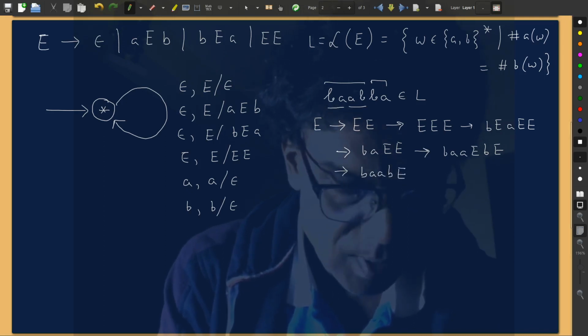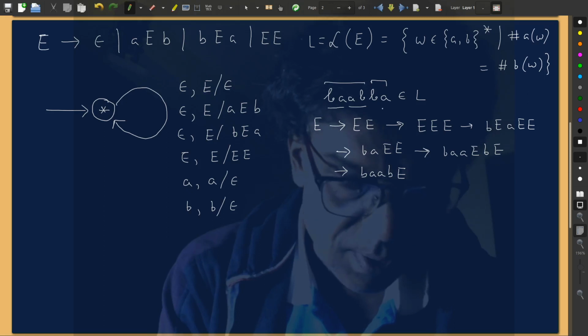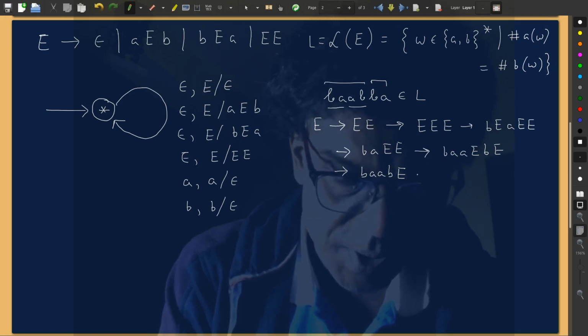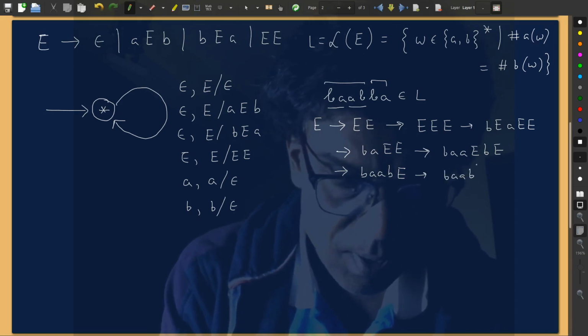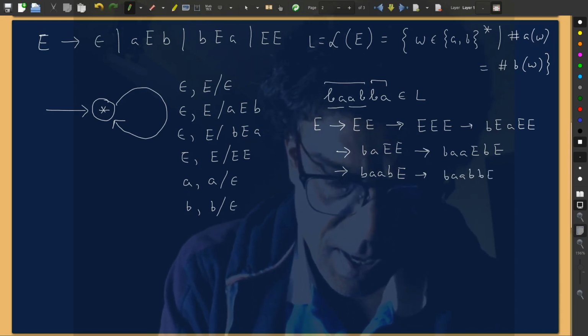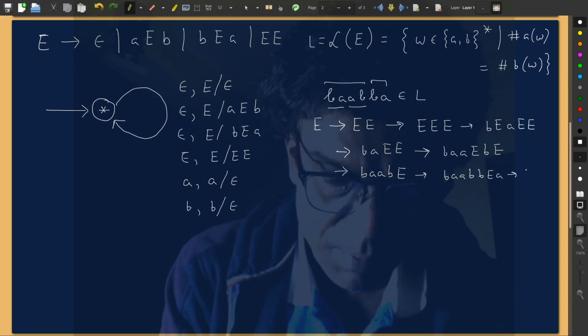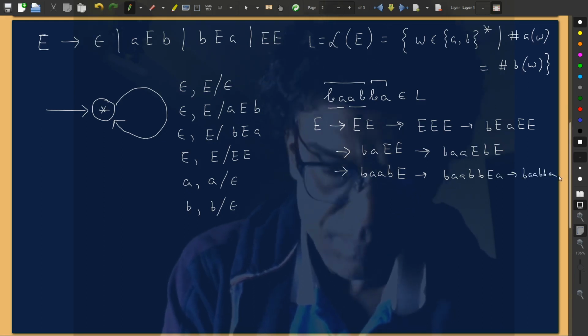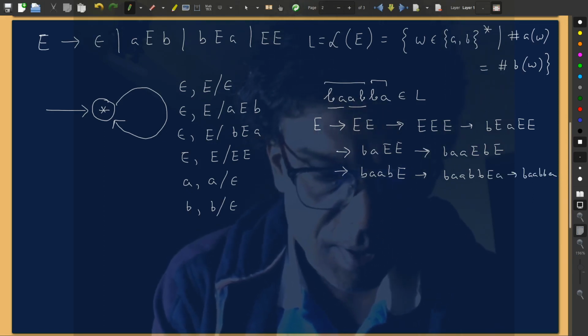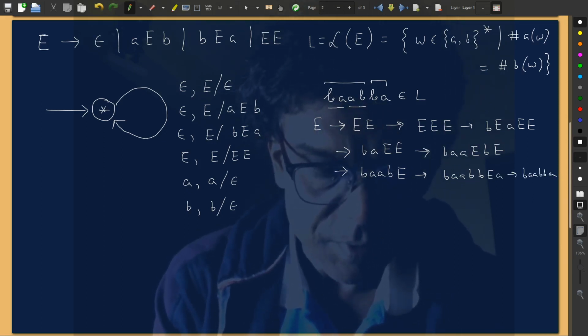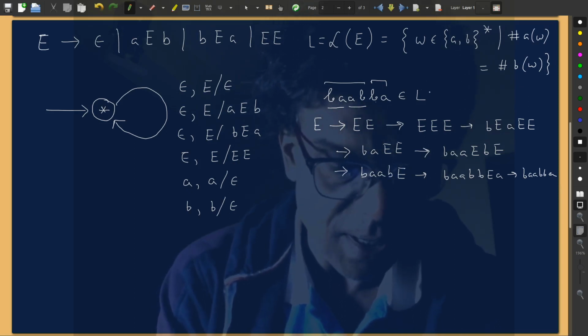Finally, this is supposed to generate BA, so I use BEA, and then E can be epsilon, so I simply write it as BAABBA. This is a leftmost derivation of this string in the language L.